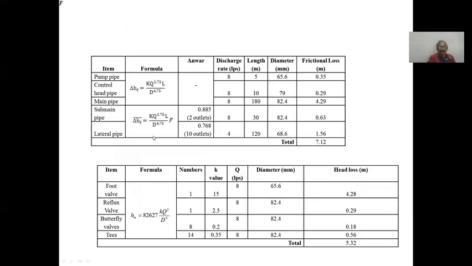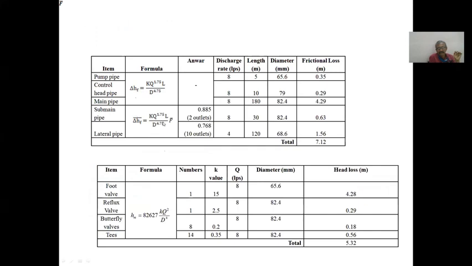So how do we do this? So you need to calculate the pressure head losses. For pump suction and control head pipe and main pipe, friction losses, it is going to carry 8 liters per second, and for each length calculate with the Blasius pipe formula, find out friction losses.